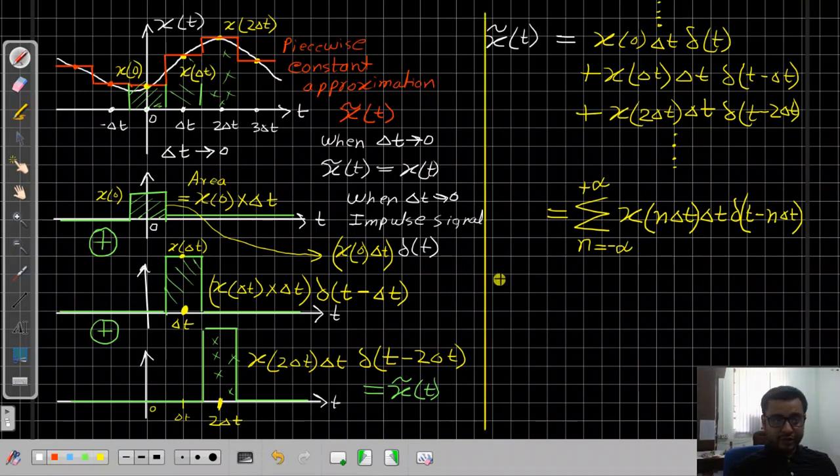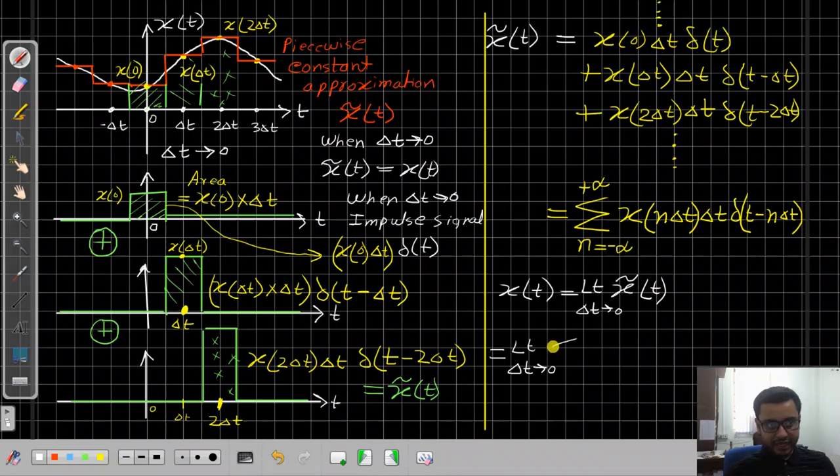Now you know that the original signal x of t is the same as the approximated signal when the limit delta t tends to 0. So we can write this original signal as the limit of delta t tending to 0 of x tilde t, which is this sum.